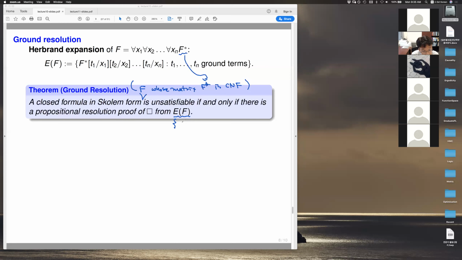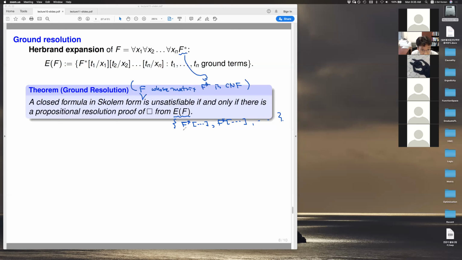So this is an infinite set obtained as I showed there. So it's going to be F star, substitutions, F star, another substitution, and so on. So it's going to be an infinite set. This should be understood as a conjunction of all those formulas, okay?